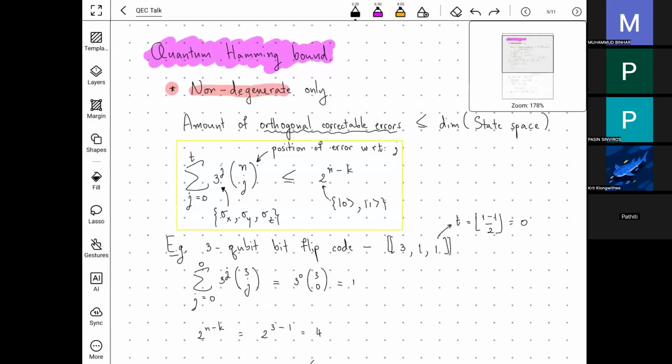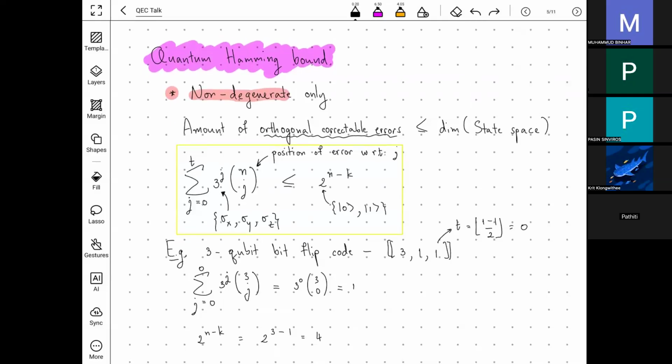So the idea of the quantum Hamming bound is just that the amount of correctable errors should be less than the dimension of the state space. Because you will see later that the errors that are correctable have to be orthogonal to each other. I'm just putting that here for future reasons.